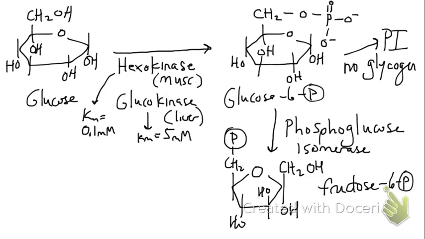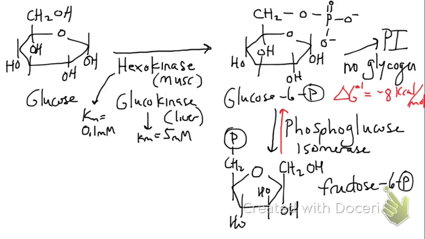Now, what's interesting to note about these two different products is the delta G naught prime of the reverse reaction of going from fructose 6-phosphate to glucose 6-phosphate, because it is a reversible reaction because it's just an isomerase. The delta G naught prime is -8 kcal per mole.